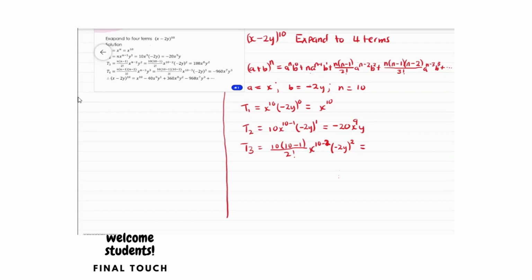This is 10 into 10 minus 1, so this becomes 10 multiplied by 9 over 2 factorial, which is 2 by 1, so this becomes 90 over 2, which is 45. Since we have negative 2y raised to the power 2, we're going to have negative 2 to the power 2 y to the power 2, and this negative is going to be cancelled out, hence we're multiplying this by 4.